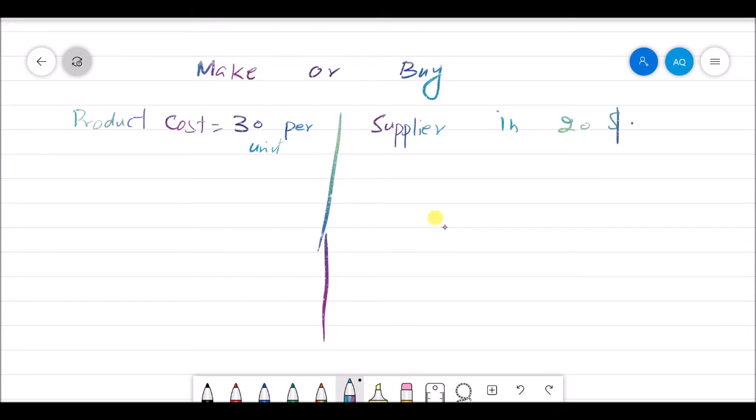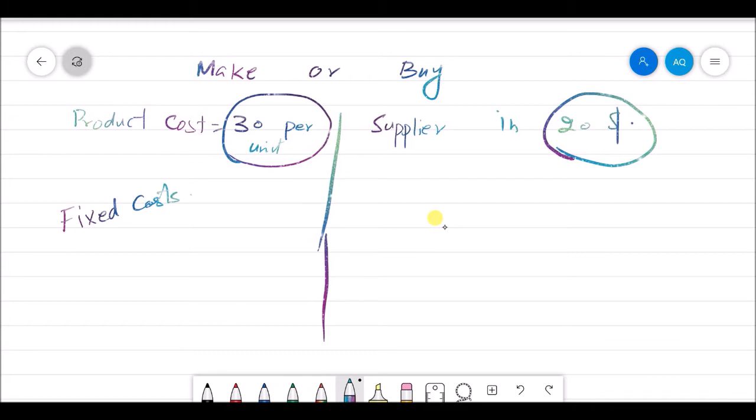Should you just consider this cost of 30 and 20, then see that the supplier is providing you the product at $20, so you can save $10 per product? Or should you see the other costs, because you have to keep in mind that there are some fixed costs included in this 30 per unit which you cannot avoid.